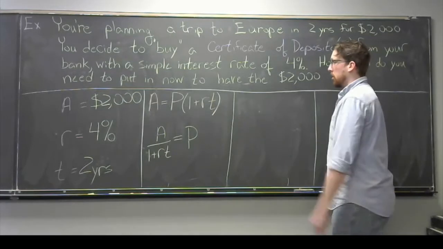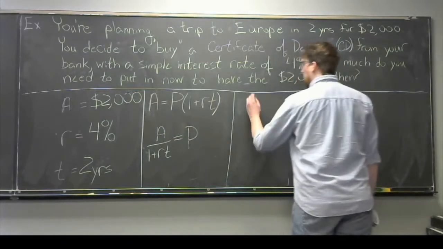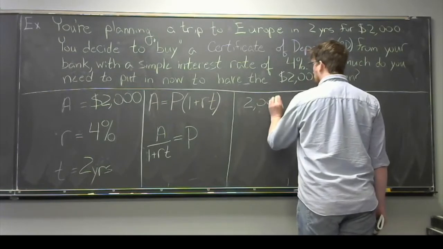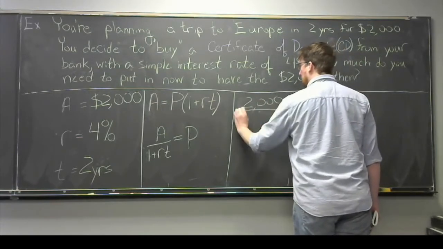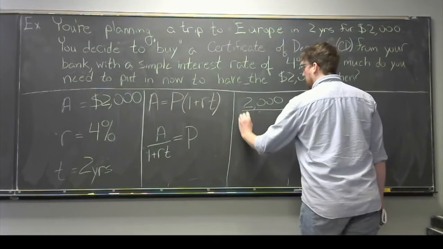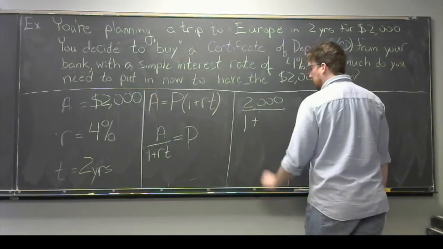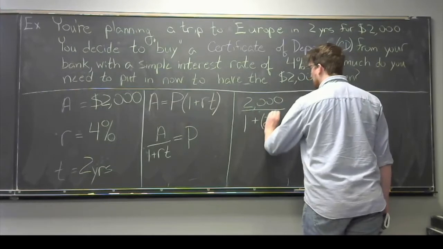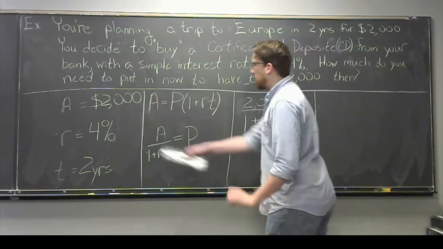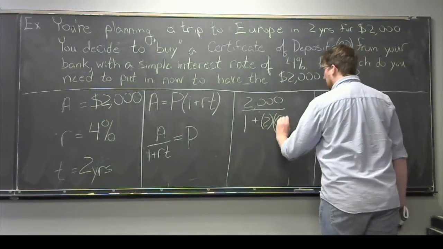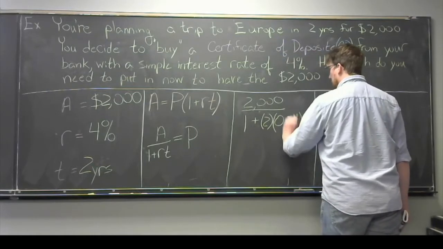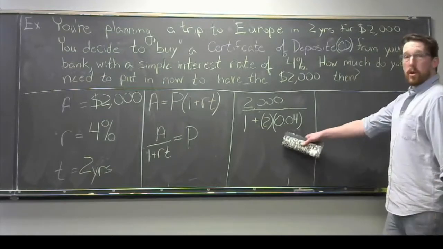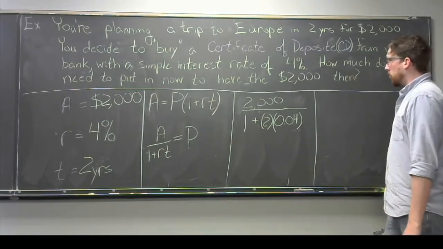So now it's just a matter of plug and play. We know the amount, $2,000, divided by 1 plus 2 times 4% as a decimal, which is 0.04. But we can go ahead and start reducing some of this a little bit.